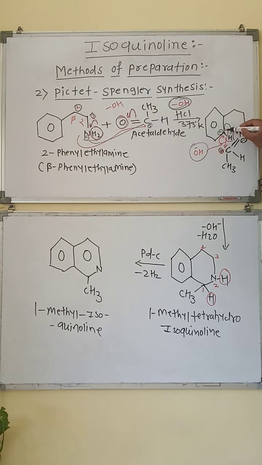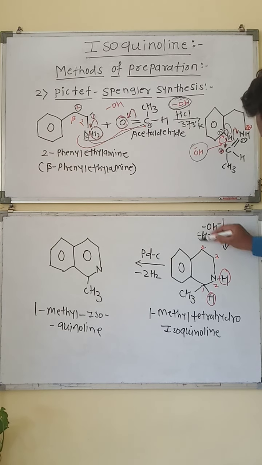So this ring carbon will attack the electron deficient carbon atom, and there is a ring closure reaction, or cyclization, between this ring carbon and the electron deficient carbon, and we get this structure.